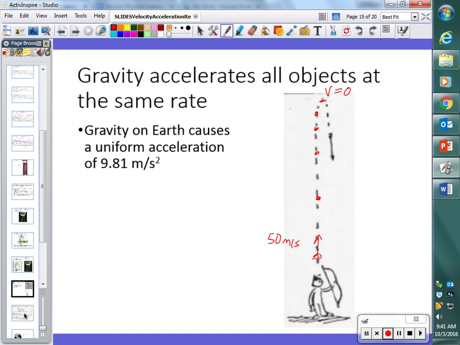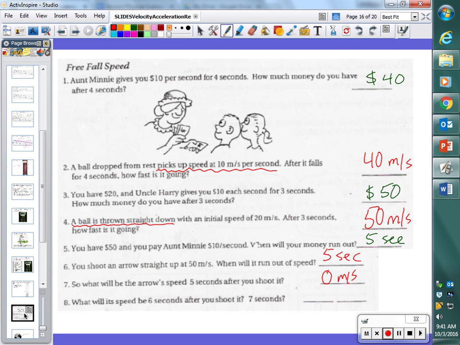All right. On Friday, we used our example of Aunt Minnie handing out $10 bills to illustrate this idea of acceleration, right? If you start with 0 and you gain $10 per second, at the end of the 4 seconds you'll end up with $40.